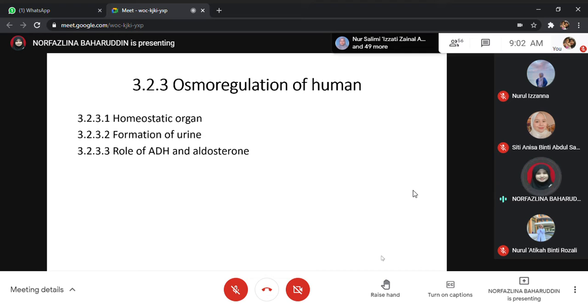Okay, so kita start hari ni. Osmoregulation of human. The word osmoregulation ni under homeostasis. Why under homeostasis? Because osmoregulation itself maksud dia proses maintaining salt, gula pula, garam, salt and water.